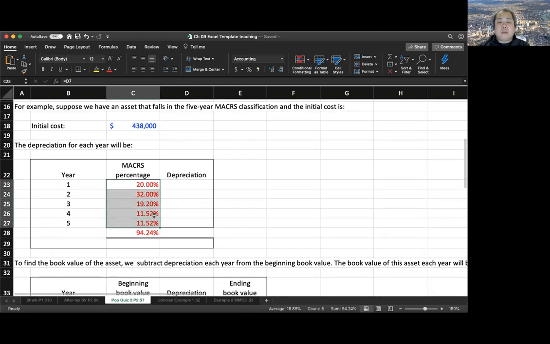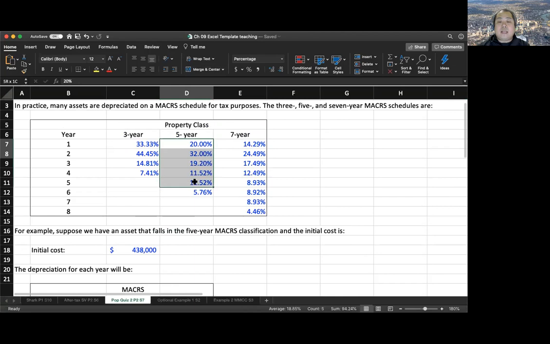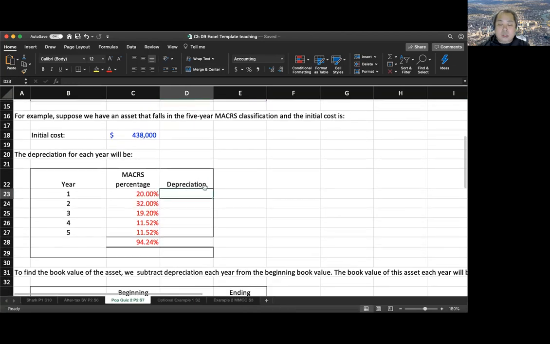You have MACRS 5-year class percentage for 5 years. So each annual depreciation will be the initial cost times depreciation rate from year 1 to year 5.